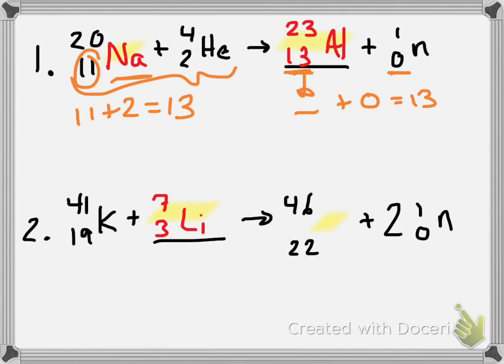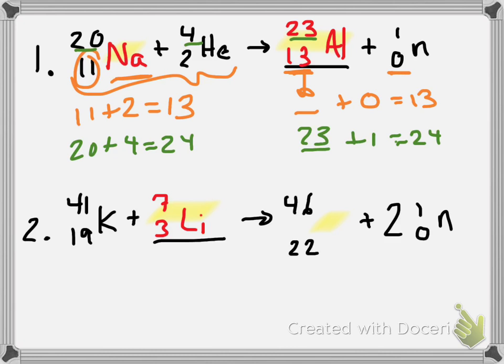Then I looked at my masses, and I realized that 20 plus 4 is equal to 24. Therefore, something plus 1 has to equal 24. So blank plus 1 equals 24, so I knew that had to be 23.